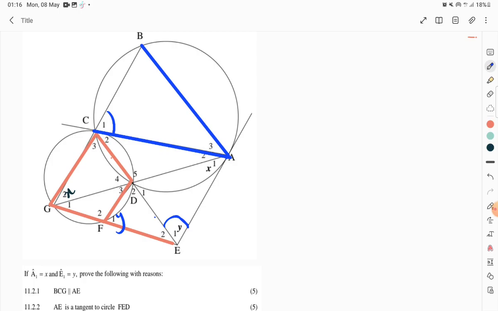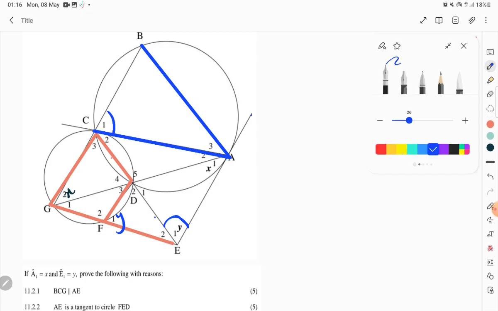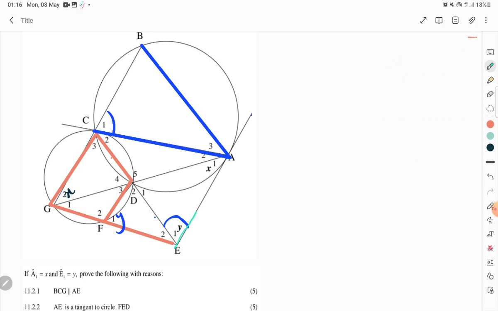First thing, the tangent that we have here, we can still use it because it can give us information.